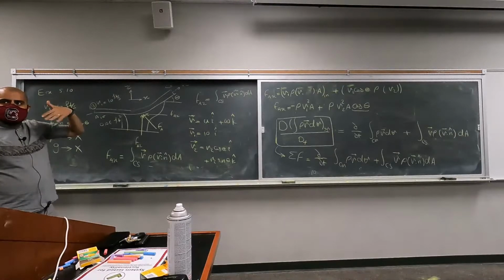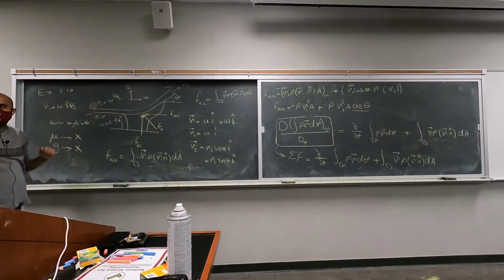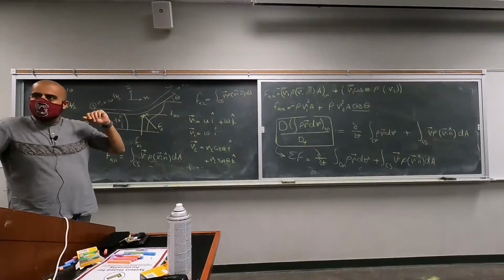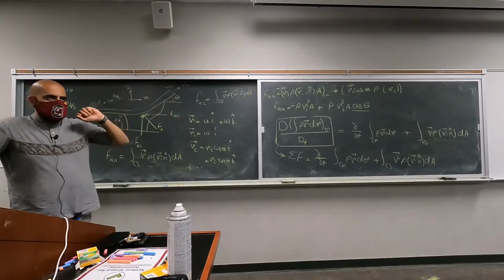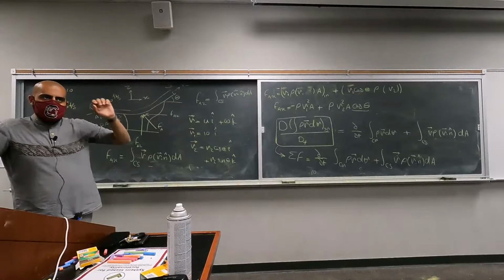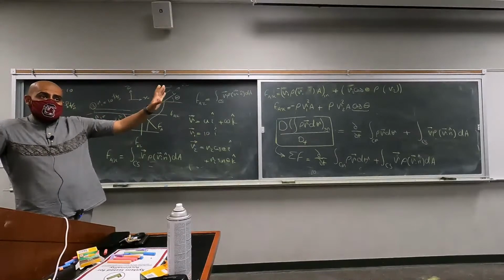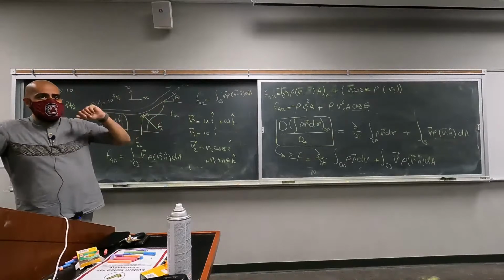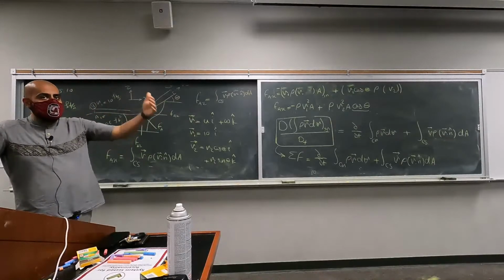Go back to the conservation of mass. What did the conservation of mass tell us? It's a steady state equation, right? You don't need to rewrite the whole equation. Density is constant. So whatever is going in is also going out, which means that m dot in equals m dot out. Rho A V in equals rho A V out.